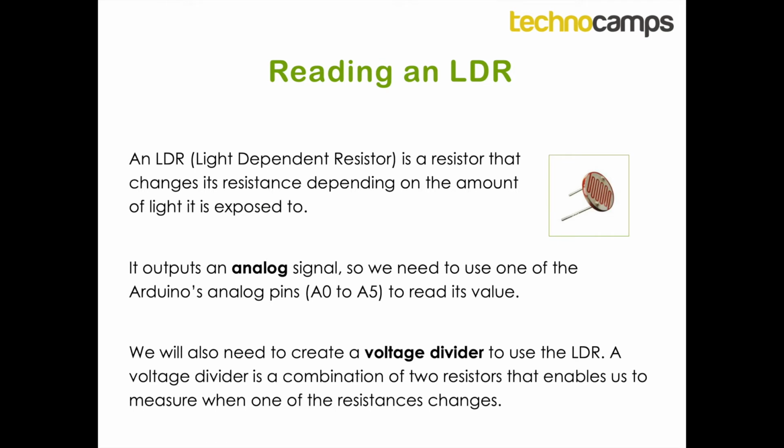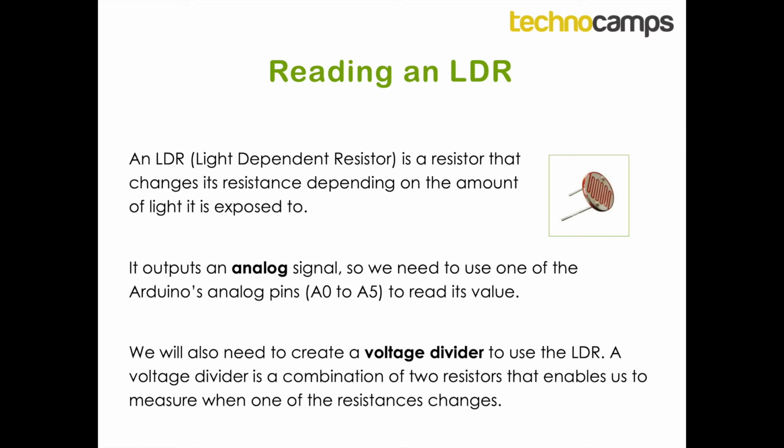So how do we go about reading an LDR, or a light-dependent resistor? Well, a light-dependent resistor is a resistor that changes its resistance based on the amount of light it's exposed to. So it changes how much it resists electricity based on how much light it is exposed to.